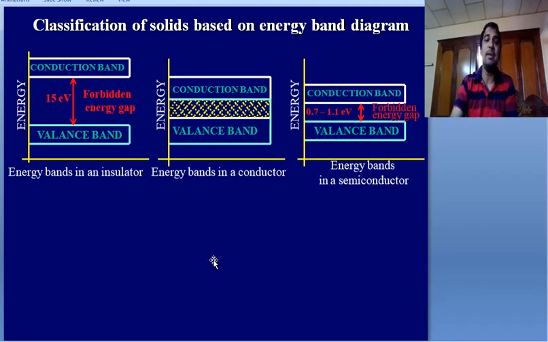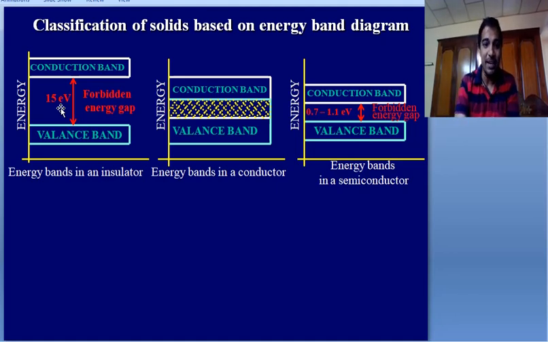Yes, the next topic, classification of solids based on the energy band diagram. The first diagram is insulator, this is conductor, this is semiconductor. As said, in insulators the bonding force between valence electrons and the nucleus is maximum. See here, 15 electron volts. Don't take it as very small. 15 electron volts is equivalent to lakhs of volts.